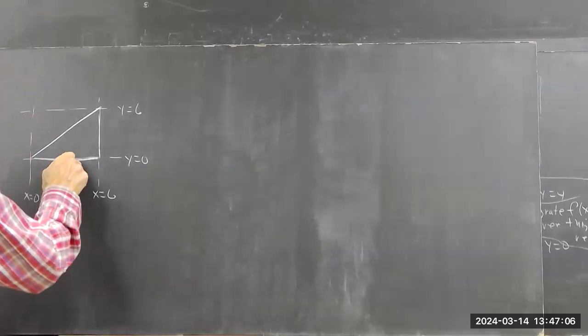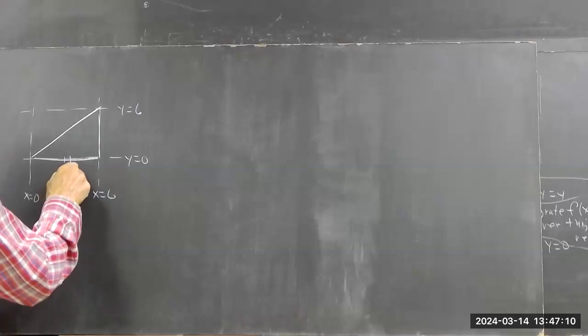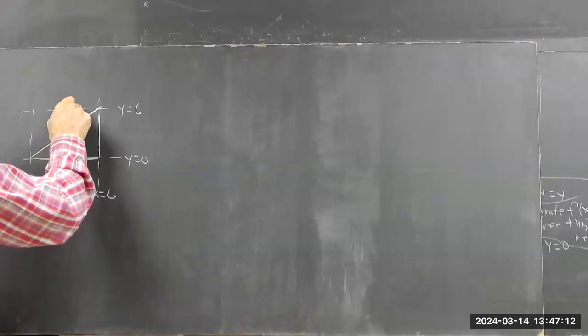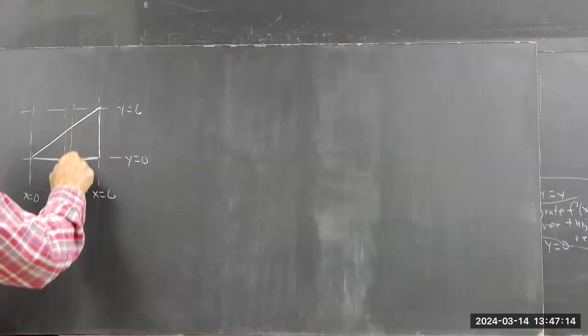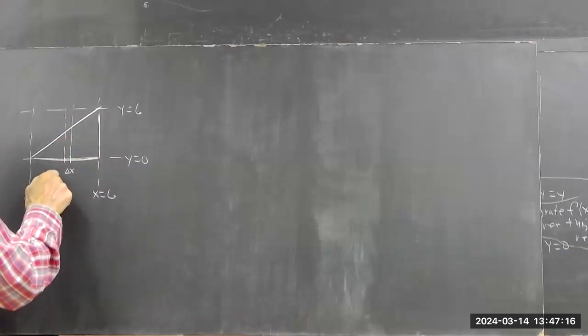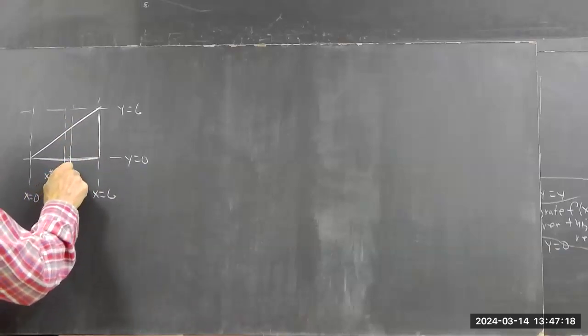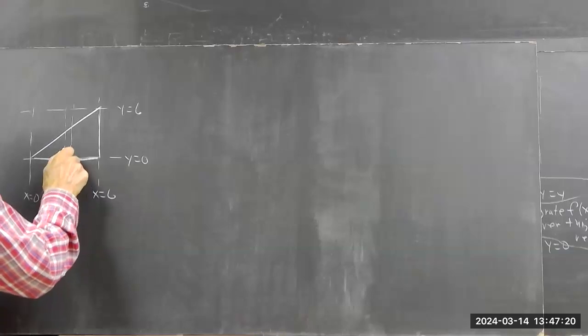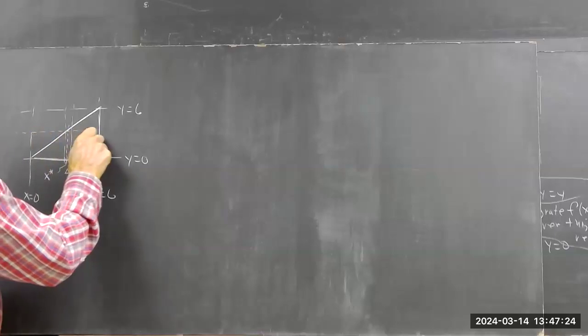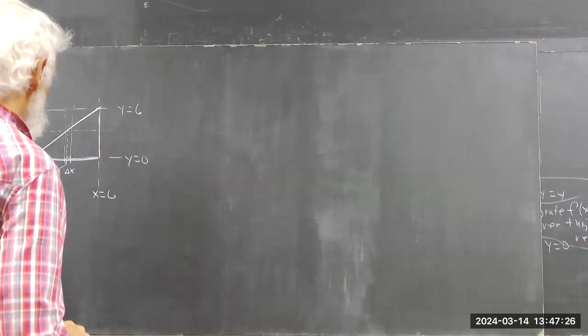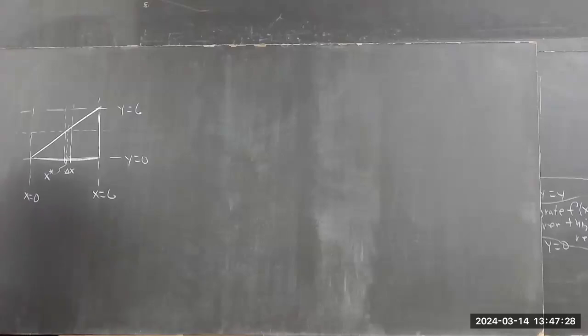But I'm going to choose vertical shifts. Delta X on X star. To do it using proportionality because I've got some similar triangles.